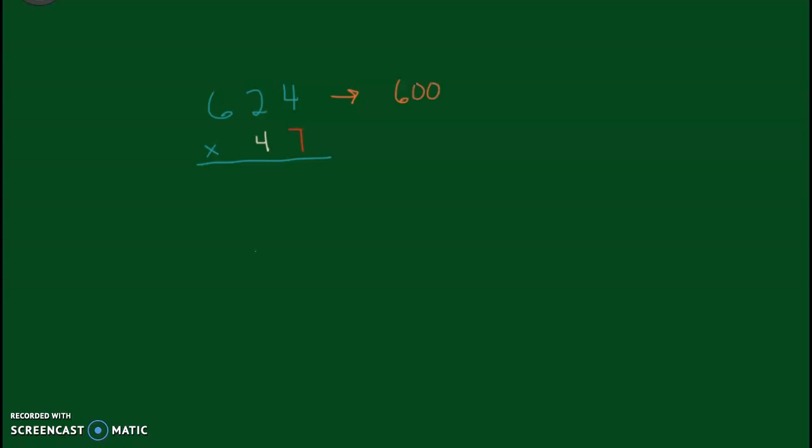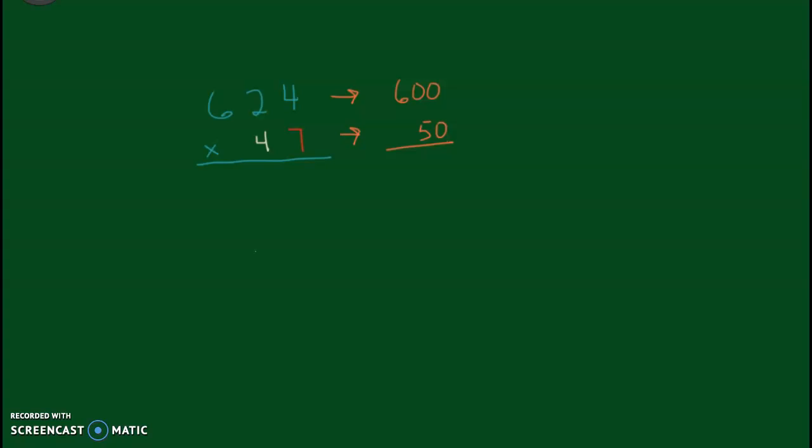Then we're going to round the 47 to the nearest 10. And a reminder, if we're rounding to the tens place, we're going to look to the number to the right. If this number is 5 or higher, it's going to round to the next number. So 47 rounds up to 50.